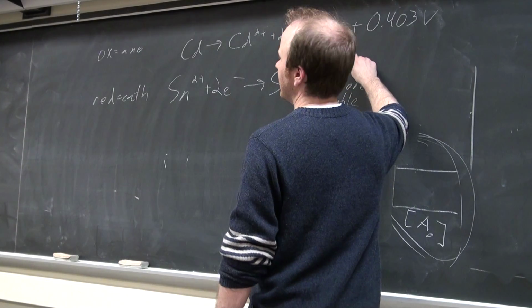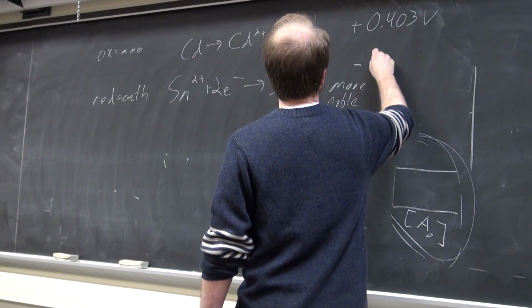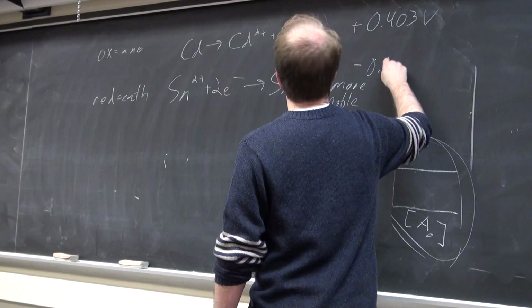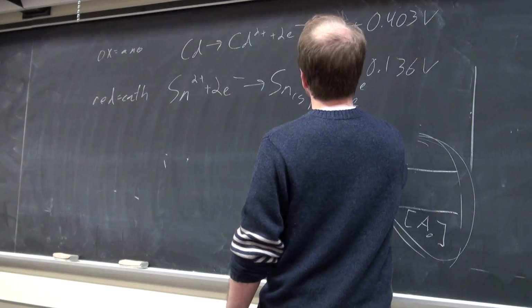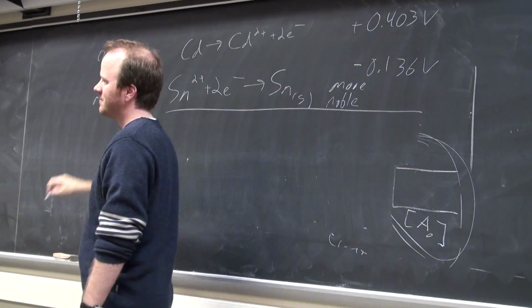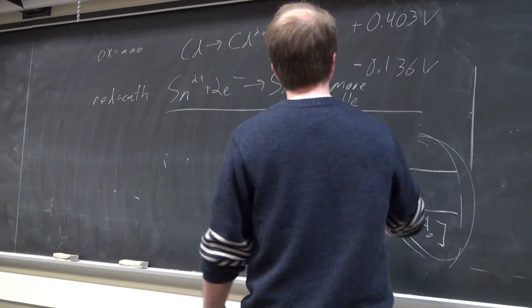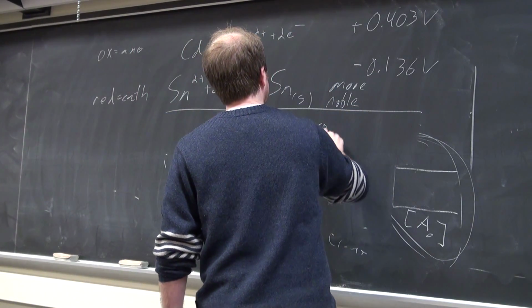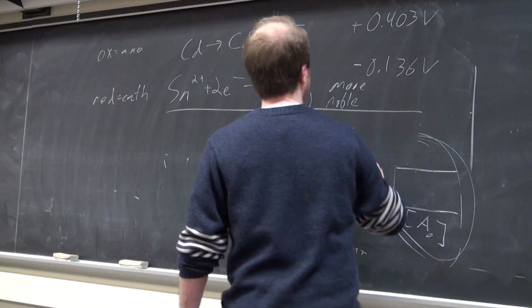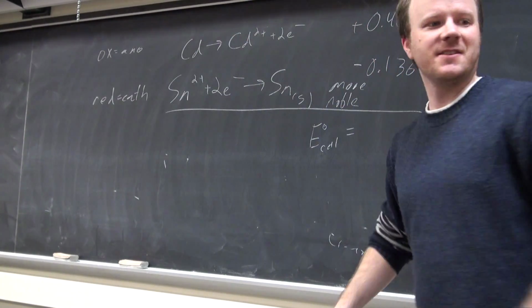What do we write here? Negative 0.136 volts. What do we do? Add them up. Whatever that is.